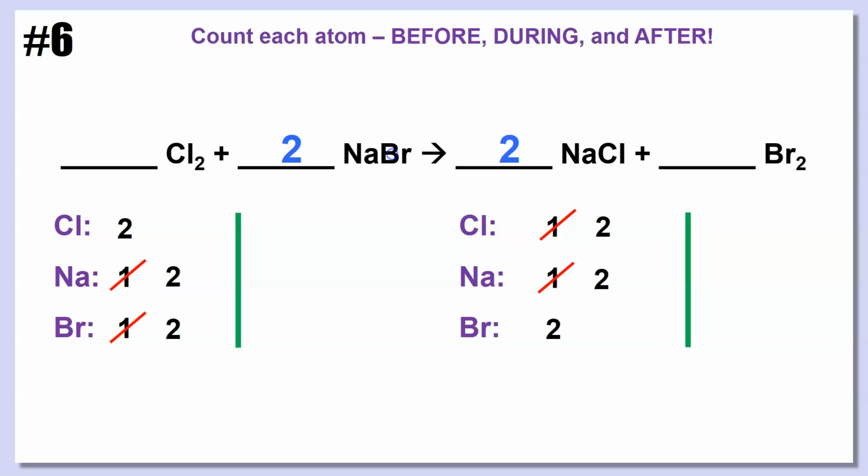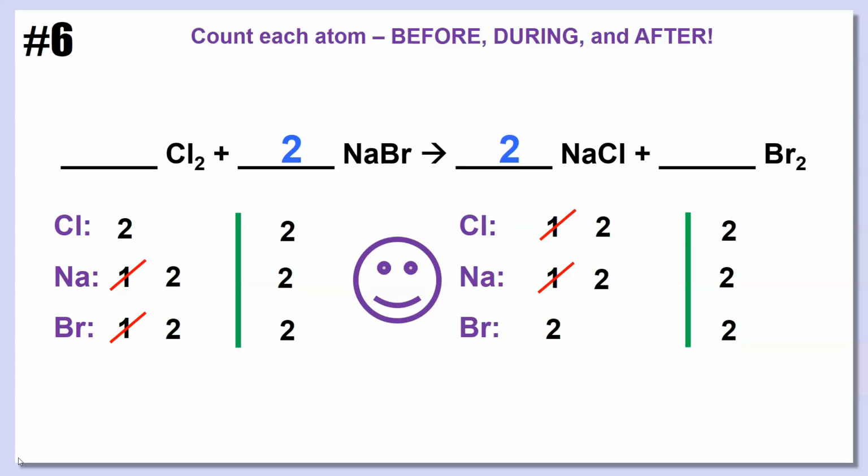So I think I'm finished. Nice small numbers. We've got 2 chlorine atoms, we have 2 sodium atoms, 2 bromine atoms. Over here we have 2 chlorines, 2 sodiums, and then over here we have 2 bromines, so we're all finished.